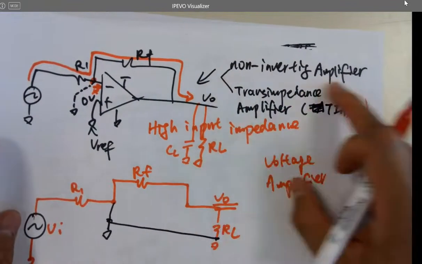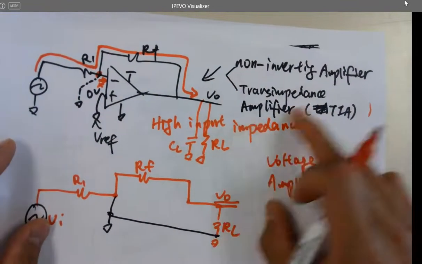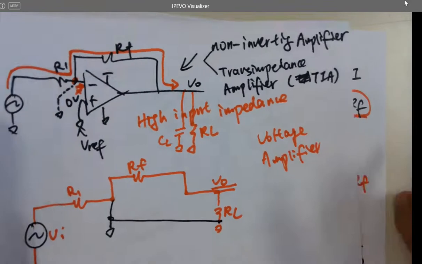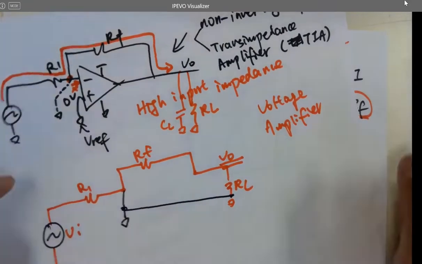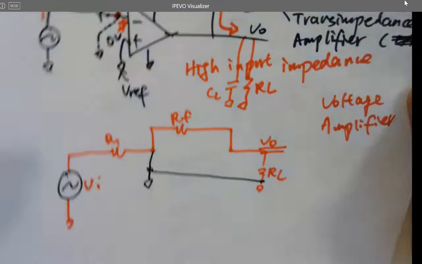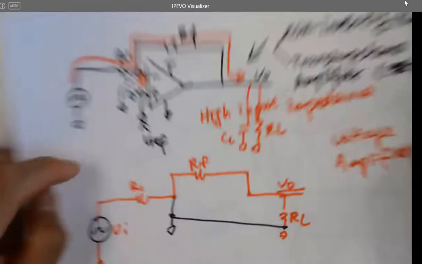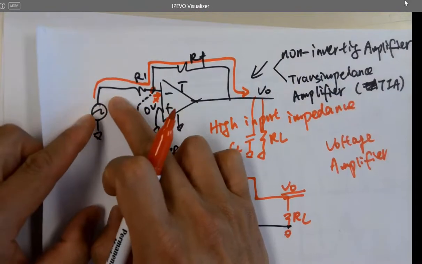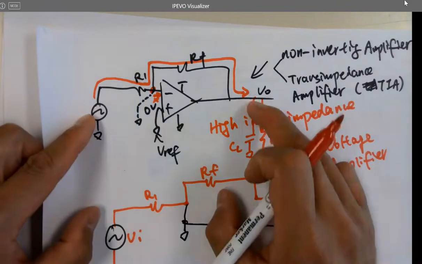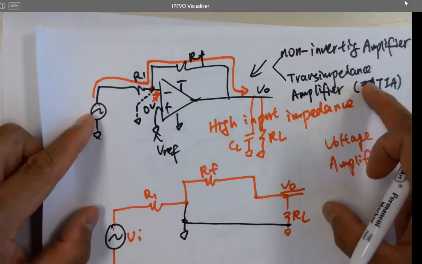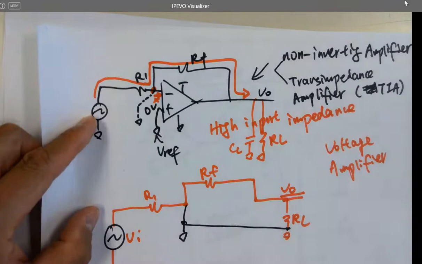You can say it's a non-inverting amplifier or a transimpedance amplifier or TIA. But by name you couldn't say it's a voltage amplifier, because it amplifies current and converts it into voltage. That's why it's called transimpedance. It converts current into voltage.